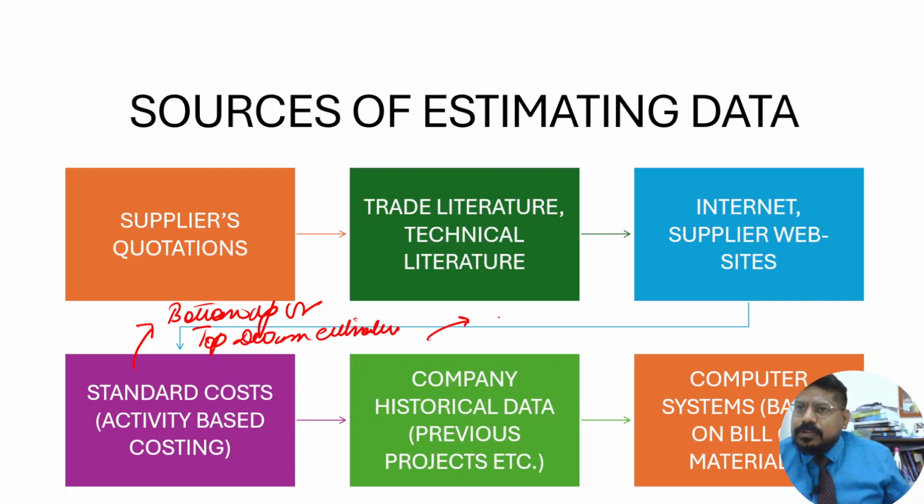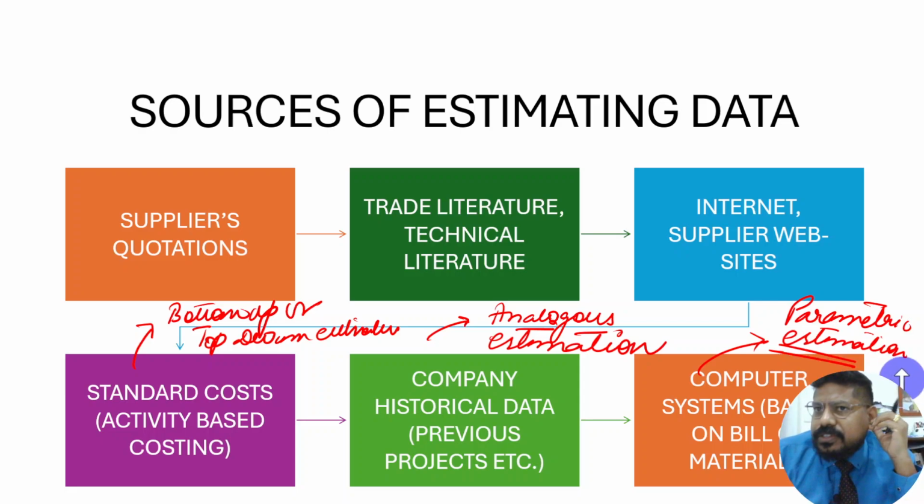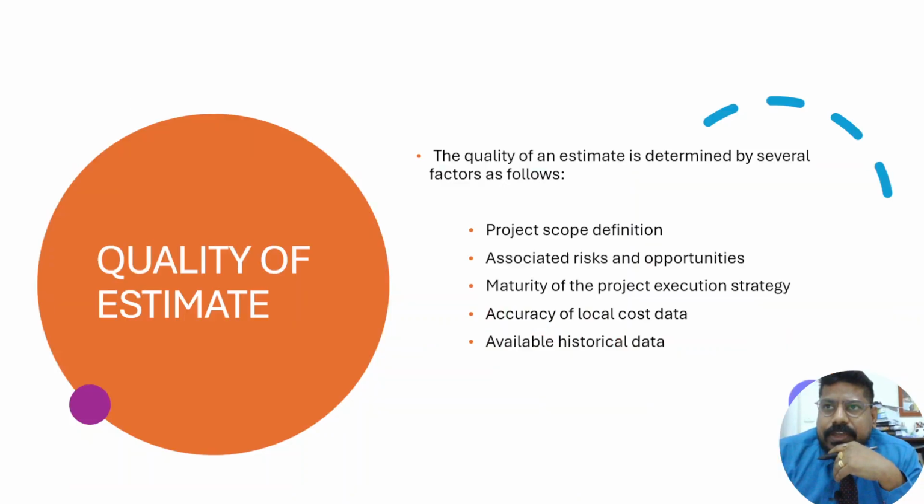This is analogous estimation, and this is parametric estimation. If you see in Microsoft Project also, you have preset data, and if you include the numbers, you will get the results. So yeah. Okay, quality of estimates.